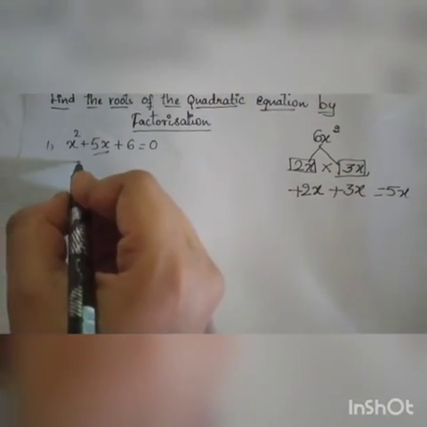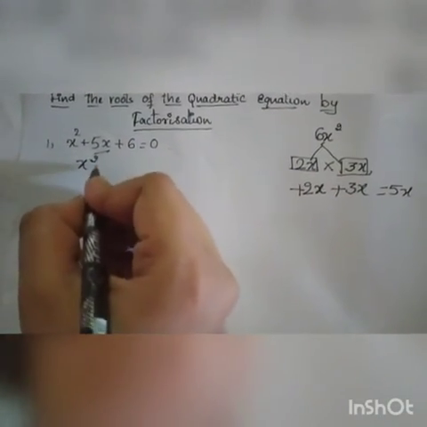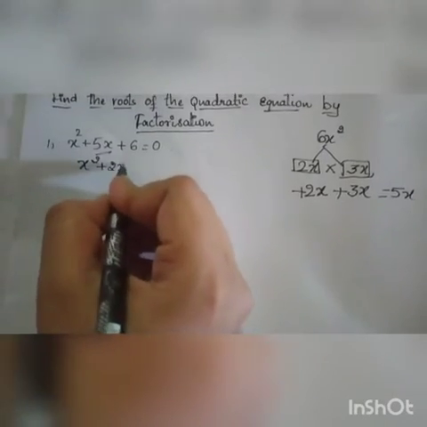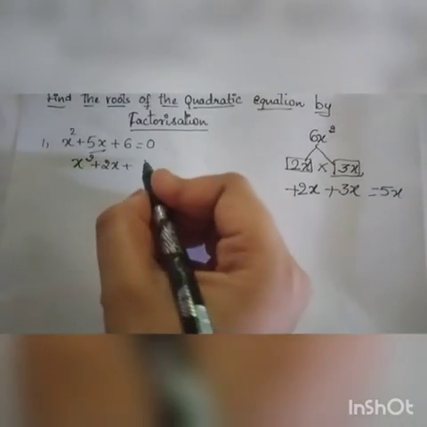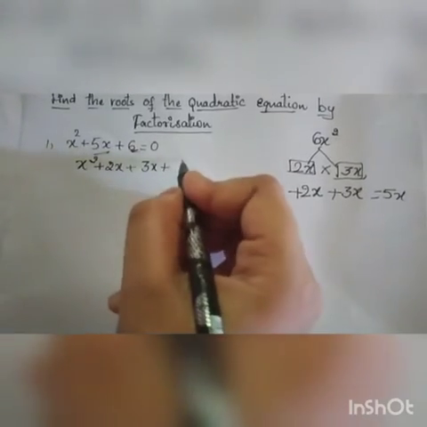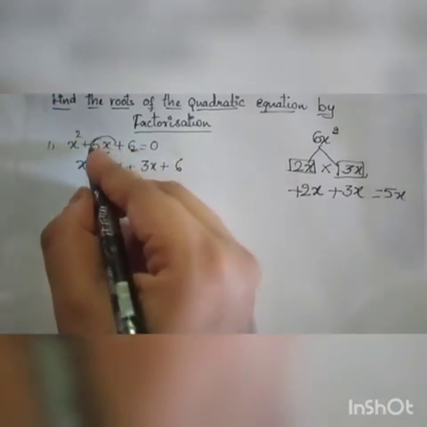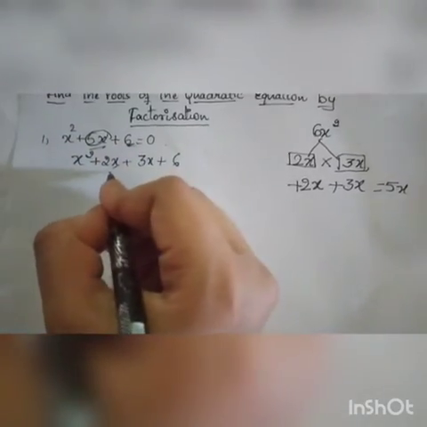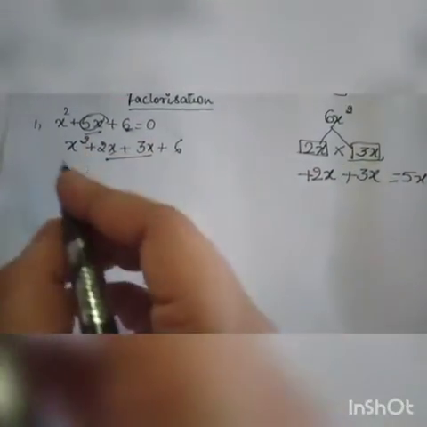So let me simplify here. x square plus 2x plus 3x plus 6, that is, instead of writing 5x, I have split it as 2x plus 3x.